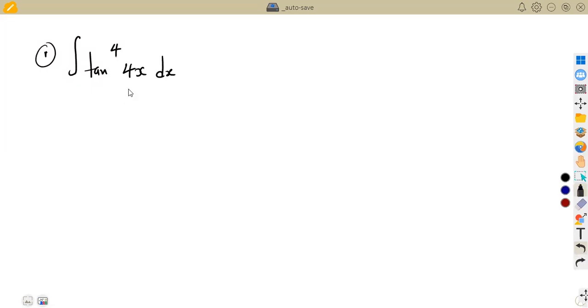Like I said, we are using the two identities. There's no way I'm going to think about the one of cot, because I'm given a tan. So I'm supposed to think of the identity of a tan, which is tan squared of ax equal to sec squared of ax minus 1.